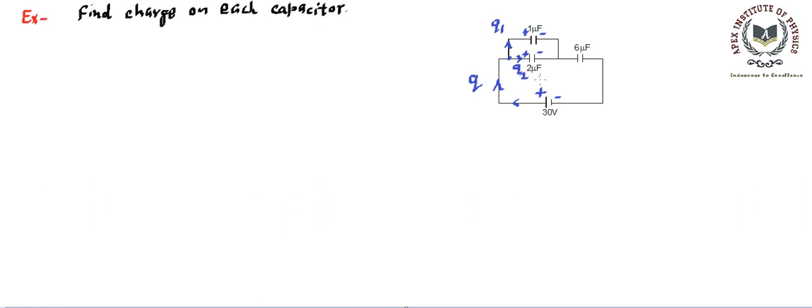Now you might be observing the difference. For a battery, plus is fixed because of its terminals. For a capacitor, it's the charge that enters that decides the positive sign, right? And this Q1, as per our discussion in the previous videos, will be leaving this capacitor. Similarly, this Q2 will be leaving this capacitor, and they will again meet at this junction. Once they meet, they will form another charge which will be moving here.